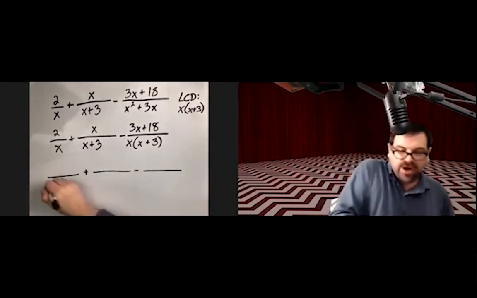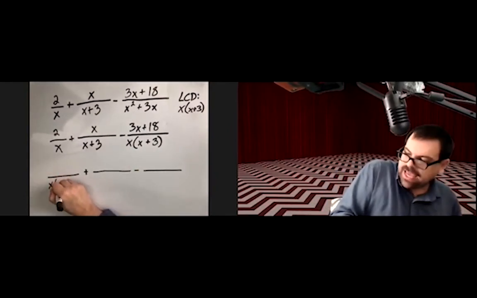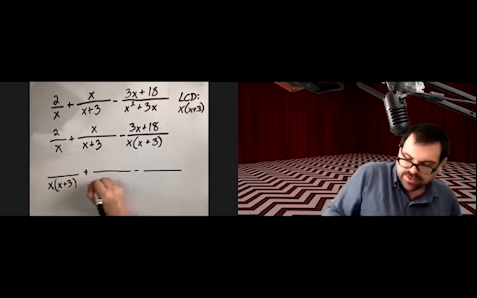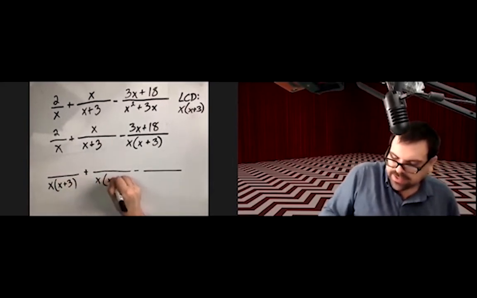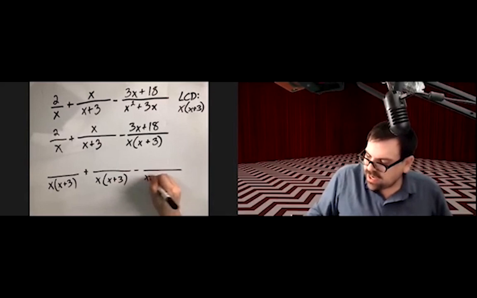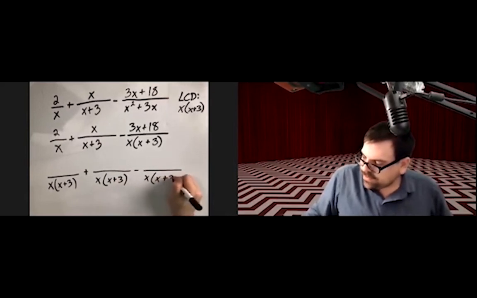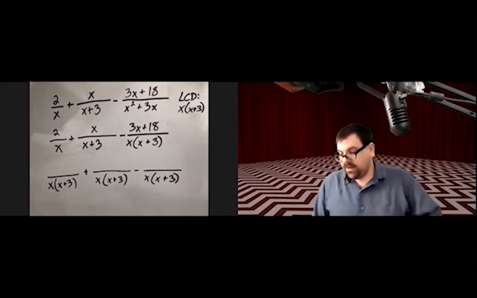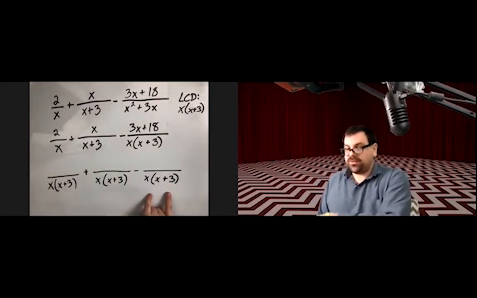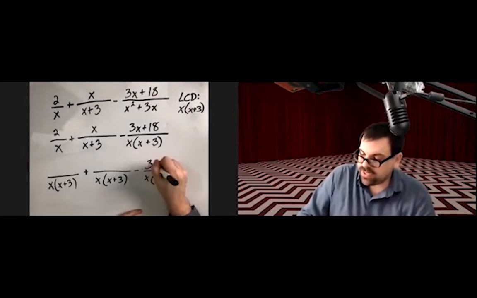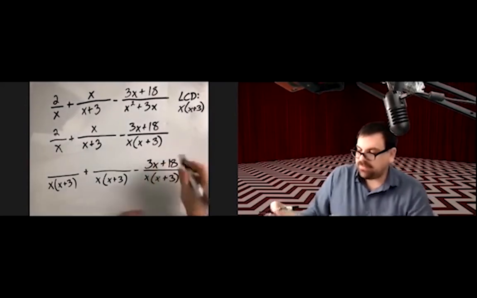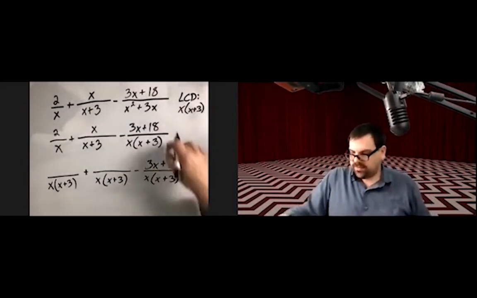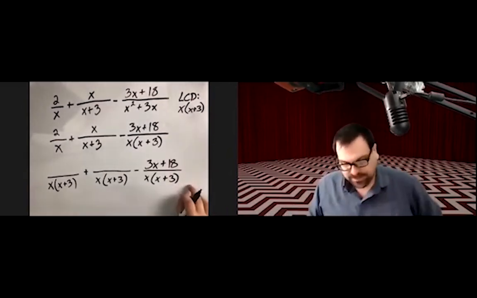So now we have 3 fractions, and each of them needs to be x times x plus 3 on the bottom. And since the third one didn't change, we can just go ahead and put our 3x plus 18 up there. That one's done. That one hasn't changed at all.